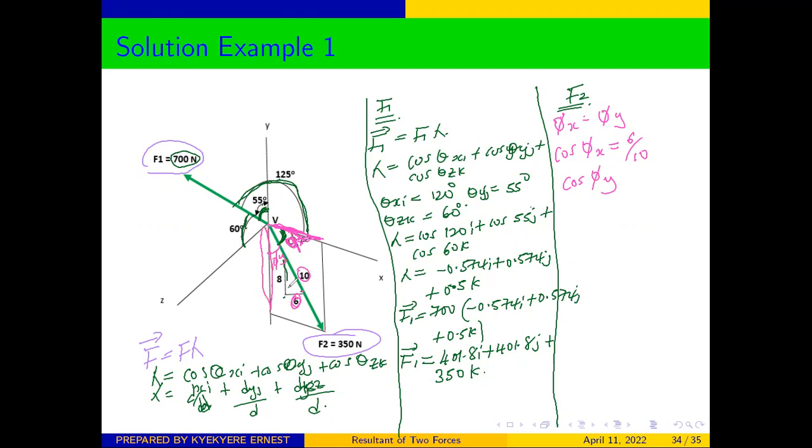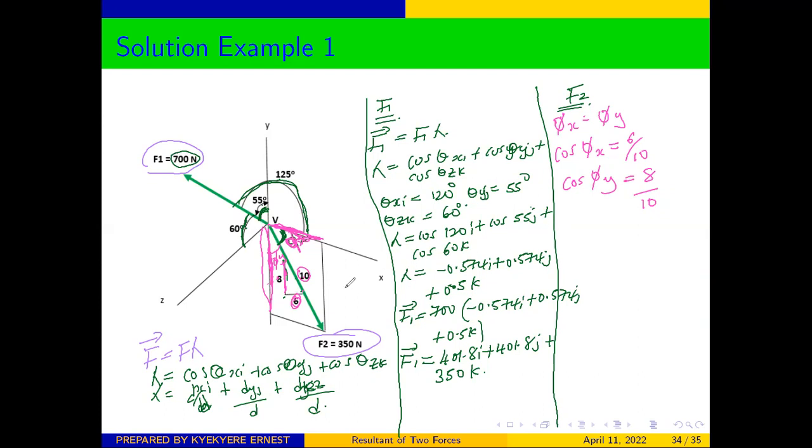So if it's adjacent, we use cos phi y will be equal to this side, which is 8, over the hypotenuse, which will give us 8 over 10. So we have gotten our cos phi x and we have also gotten our cos phi y.